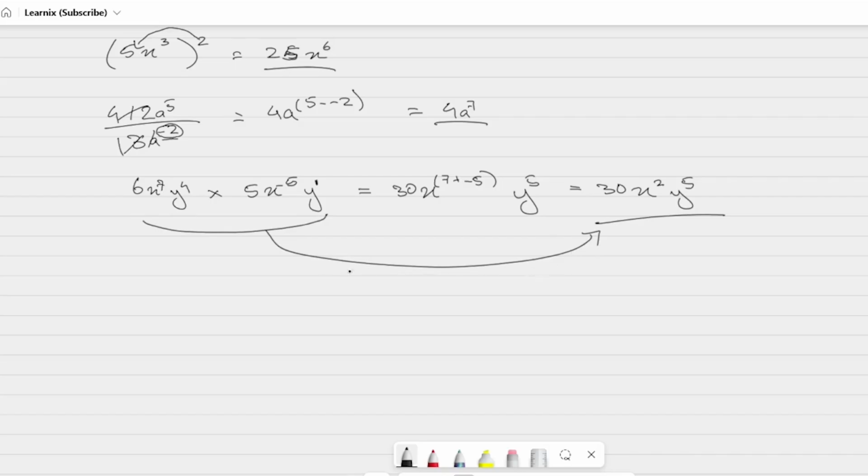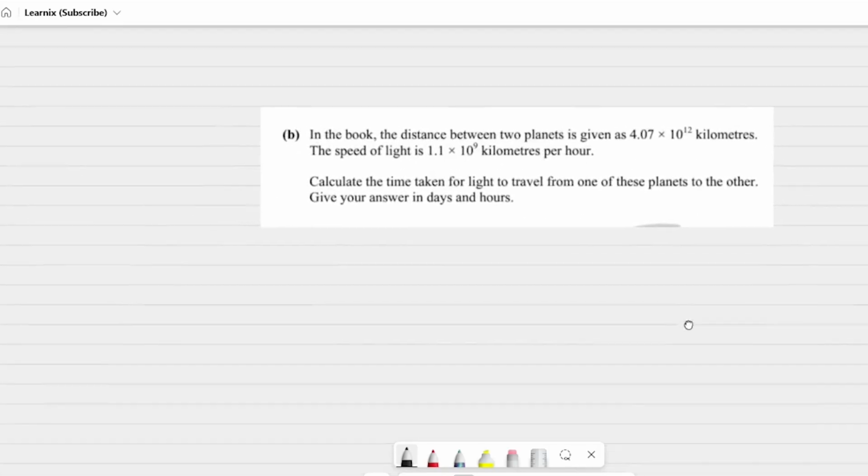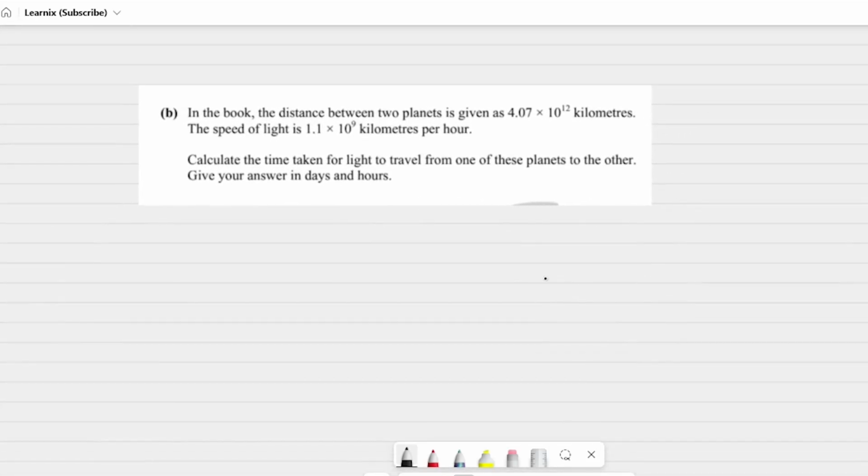Okay, now let's move on to an exam question. There aren't many exam questions about this. I mean, there are, but they're actually integrated into different exam questions and different concepts. So I have taken this from a question. It's the B part of a question, but it's unrelated to the A part.